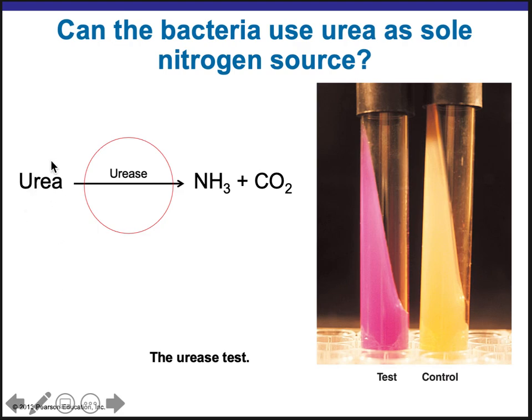All right, next test, urease test. You're supplying urea, and you want to see, can the bacteria use urea as its only nitrogen source? If it has the enzyme urease, then it will, and the control is this peach color, and a positive is this pink color. And if pink is anywhere in the tube, so if it's only along the surface, that's a positive.